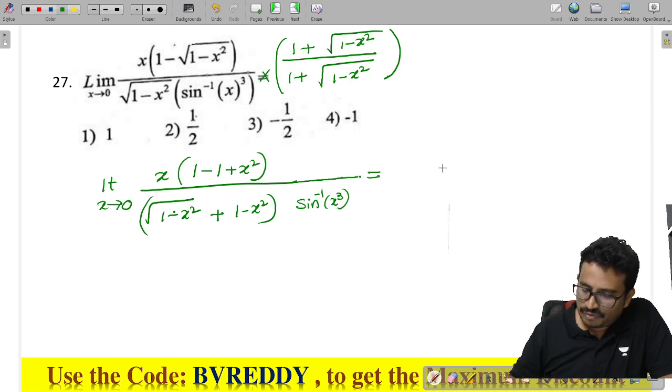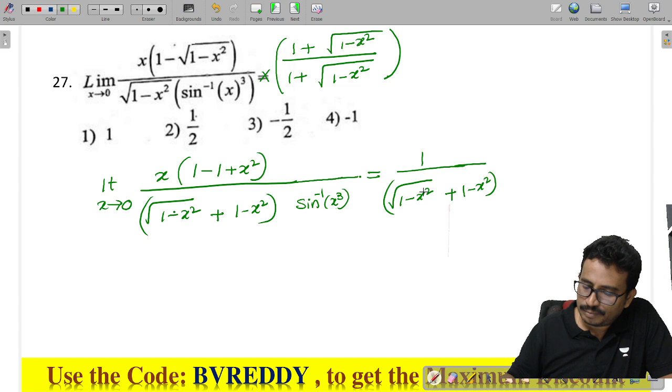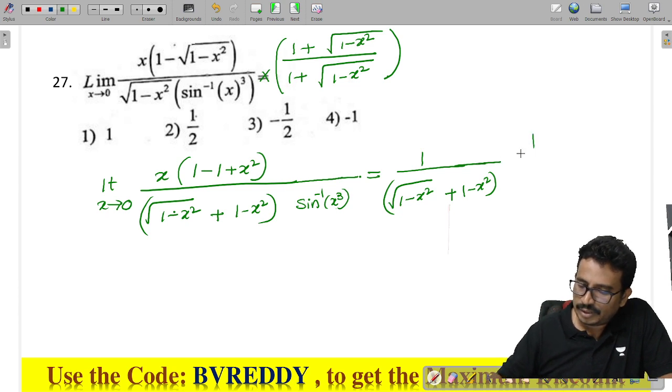So which is given as, 1 will get cancelled here. So I can do this thing here, that is 1 by square root of 1 minus x squared plus 1 minus x squared into what I will get now here, 1 by sine inverse of x cube by x cube.